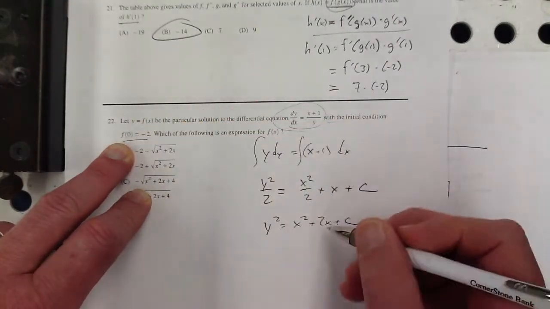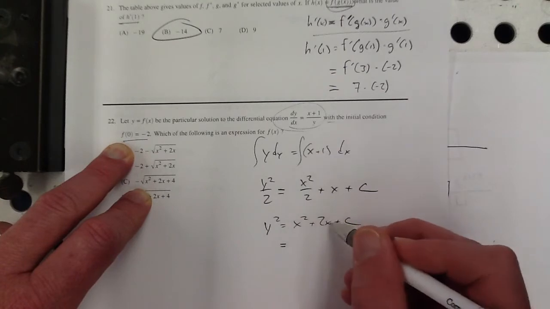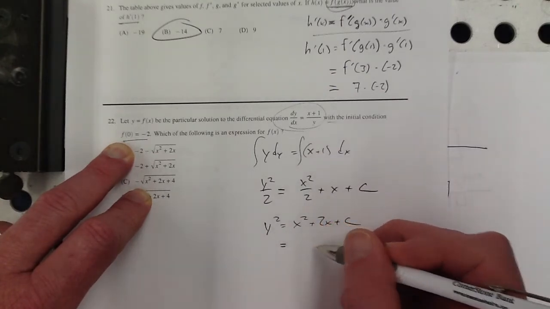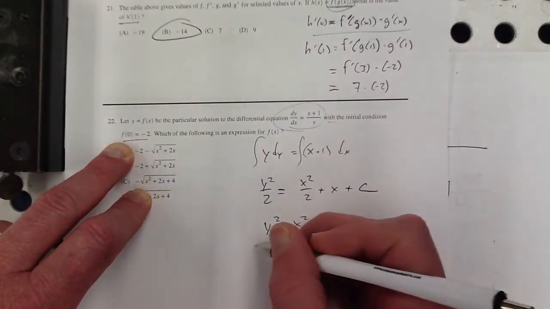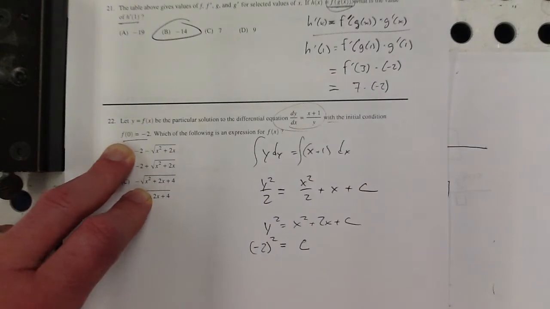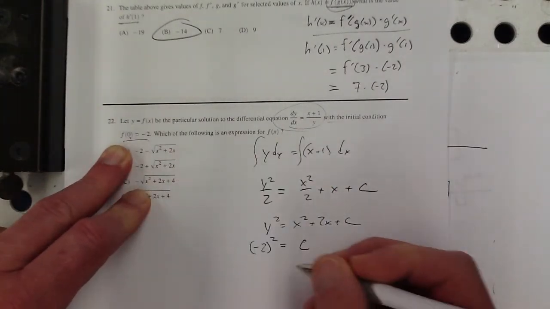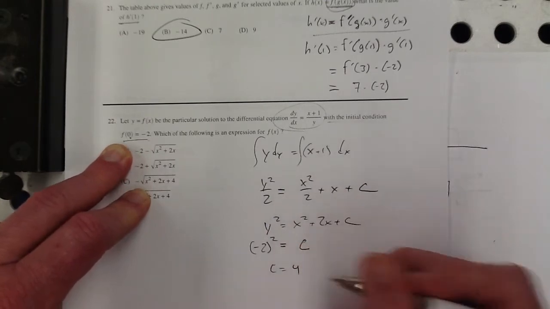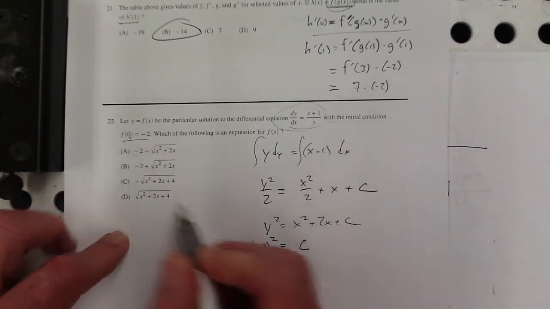So when I plug 0 in for x, I get the y is -2, right? That's x, that's y. So c is 4. So it looks like the square root of x squared plus 2x plus 4.